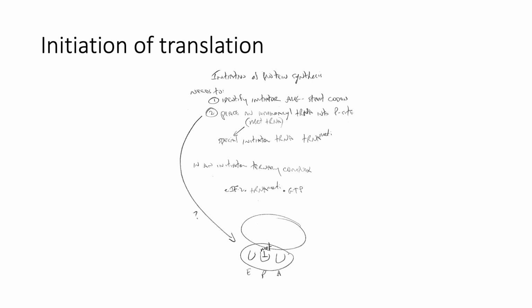Now, the other part of this question is that everything we saw before when we looked at elongation was that the appropriate aminoacyl tRNA was allowed to come into the A site because it base paired with the codon. So that's what locked it in, that base pairing. So here with the initiation step, you see there's no messenger RNA there.